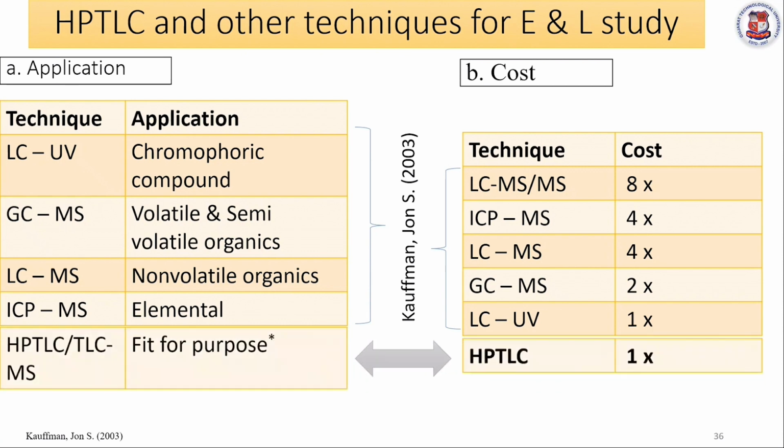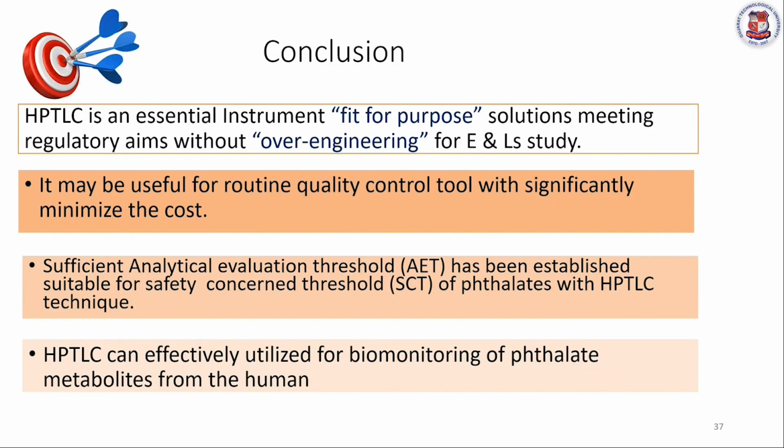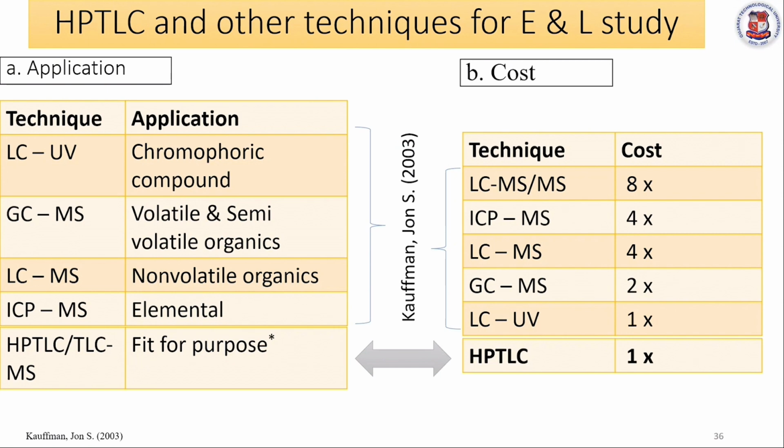With respect to cost, LCMS has approximately 80 times the cost of HPTLC. So I can conclude that HPTLC is more fit for purpose because it now has an option for TLC-MS also, so we can further confirm with the mass.